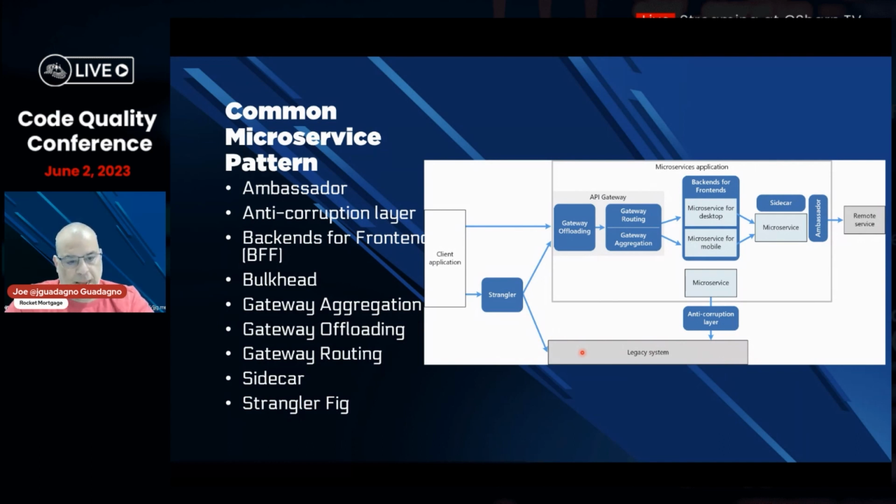So there's quite a few patterns here that kind of work together. First off is the Strangler Fig pattern. Now this is based off of an actual plant that grows vines around the tree and eventually covers the tree, ultimately killing the tree, but using the tree's trunk as infrastructure for its growth.